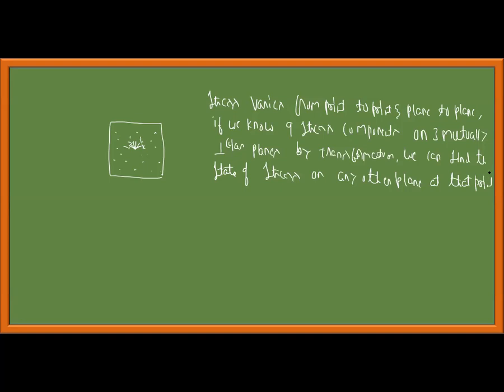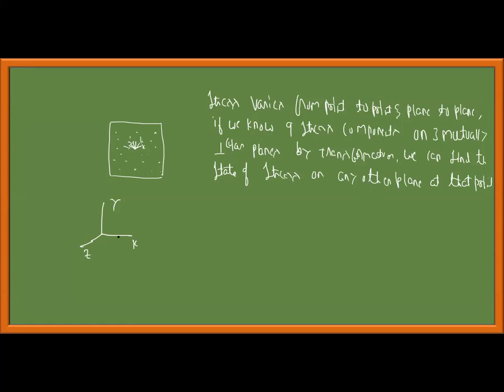So if I say a body has infinite number of points, and at each point I can pass infinite number of planes, and at each plane the state of stress is different. But if I know the state of stress on only three mutually perpendicular planes, the x, y, and z planes, I can find the stress on any other plane at that point by transformation.